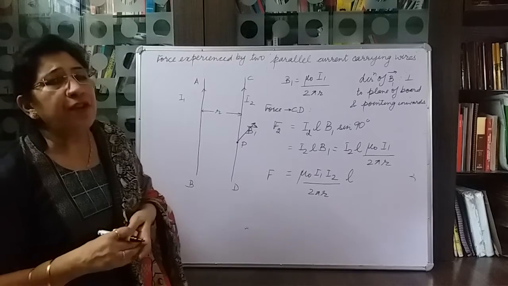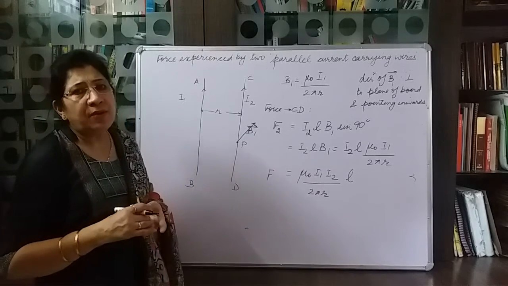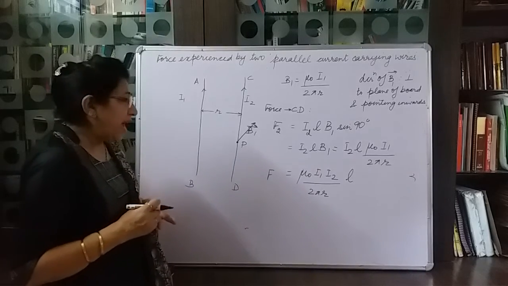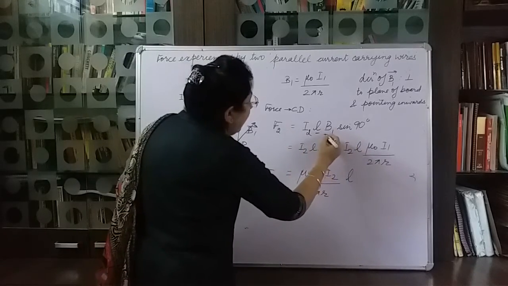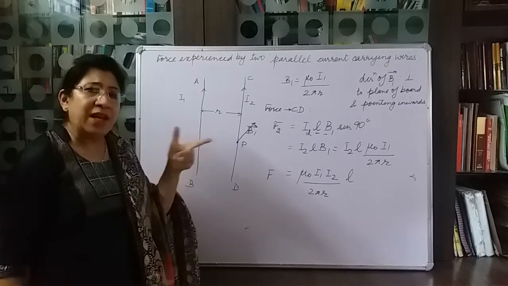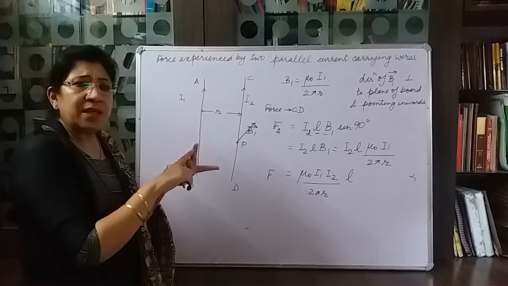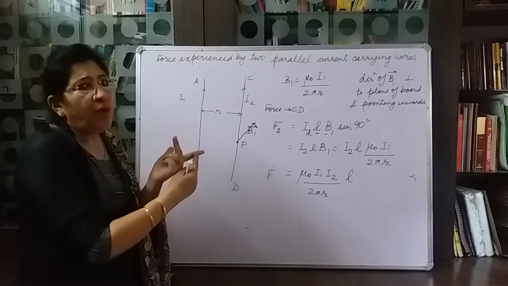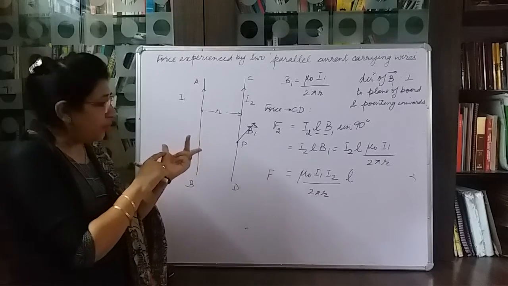The direction of the force can be found by Fleming's left hand rule, because here the angle between the current element and magnetic field is 90. So let us use our left hand. The central finger points along the current, the forefinger points along the magnetic field, then the thumb will give the direction of force.